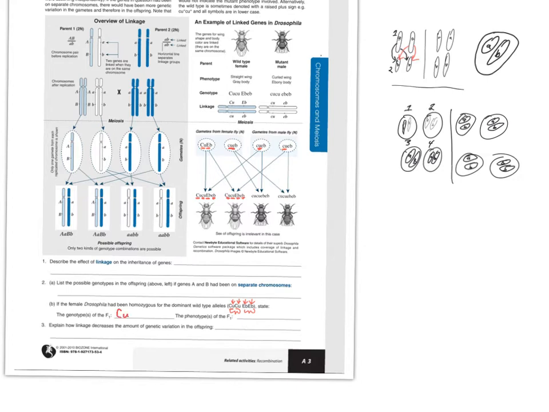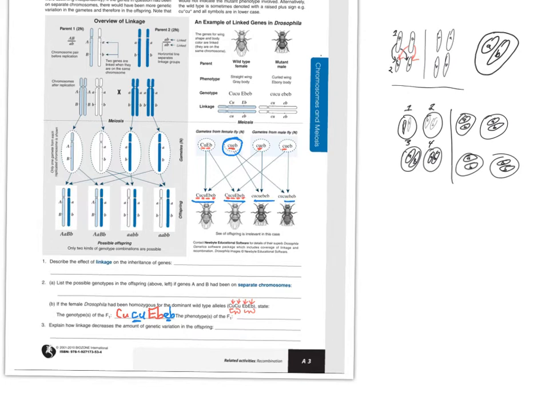Let me do a different color just so it's visible. Little c, big E, little e, right? They're heterozygous. Why? Because this would be big C, big E, and then you'd have basically a copy of what's happening here, happening over here.